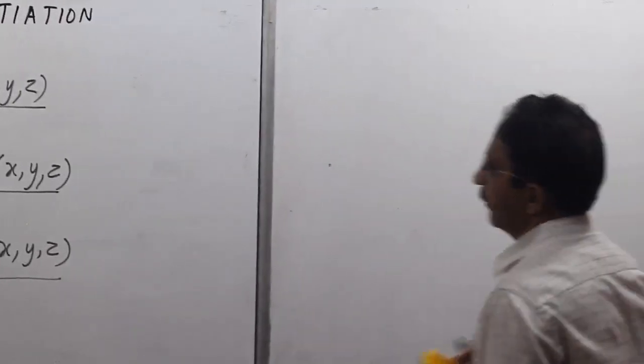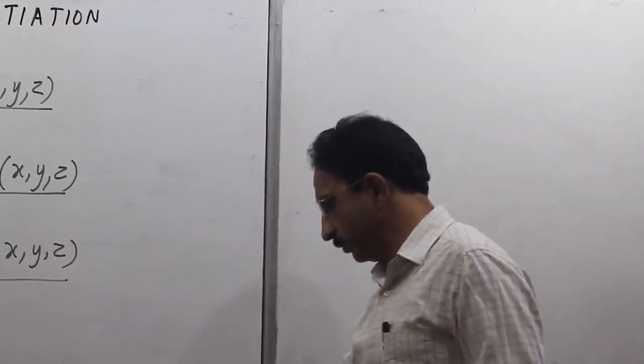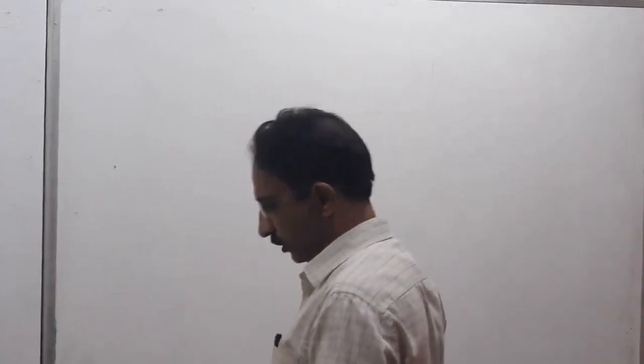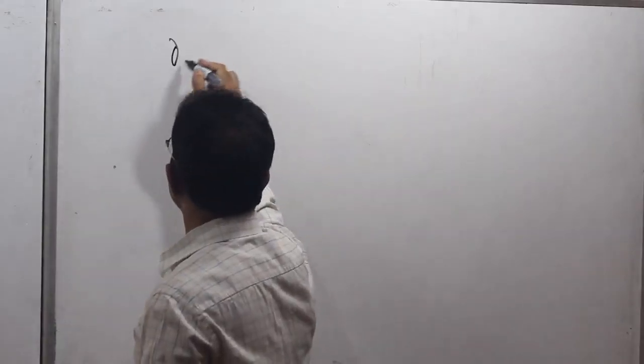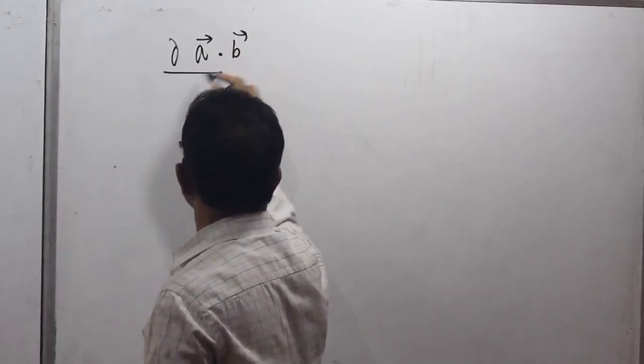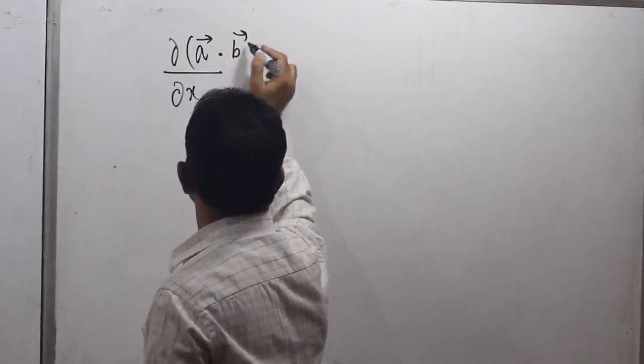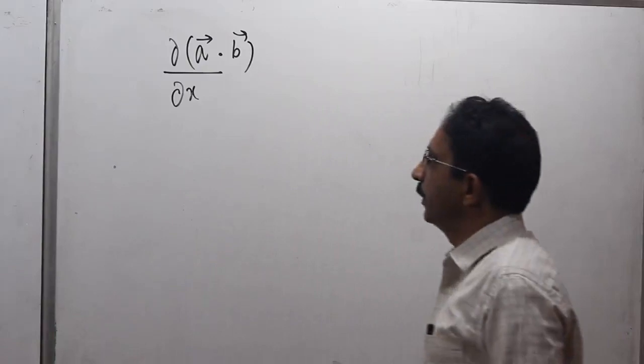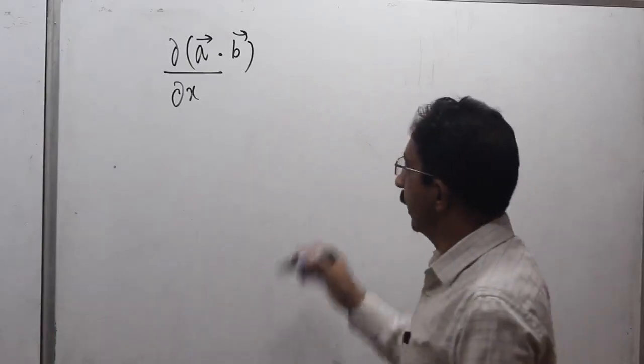Different forms, for example, we have a partial derivative of a sum of vectors, or a difference of vectors, or a product of vectors. So say an example like this. If I have the partial derivative with respect to x of a dot b, the same rule that you have used and derived earlier applies.